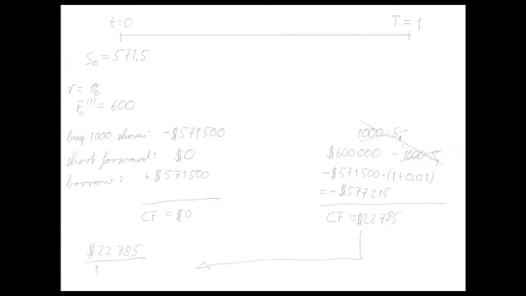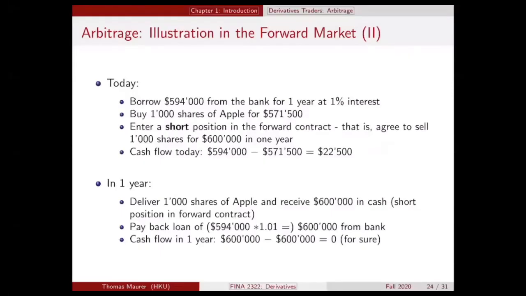So 1 plus 1%. Well, that turns out to be exactly $22,500, which is the same as what I have here in my lecture notes. Okay, so these strategies are actually equivalent. The only difference is that you get your arbitrage profit at a different point in time.